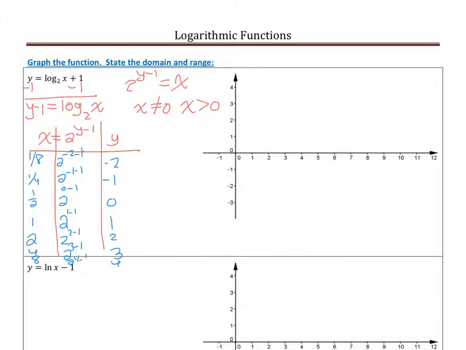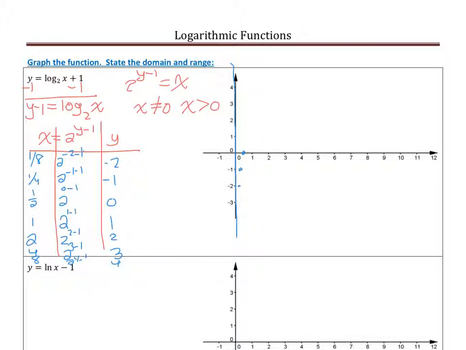Okay, so we've already said that the y-axis here, x equals 0, is going to be a vertical asymptote. We could see at a very, very small value of x, we're at negative 2 here, 1/4, very tough to graph this with accuracy. And we go up to 1/2, and that is our x-intercept.